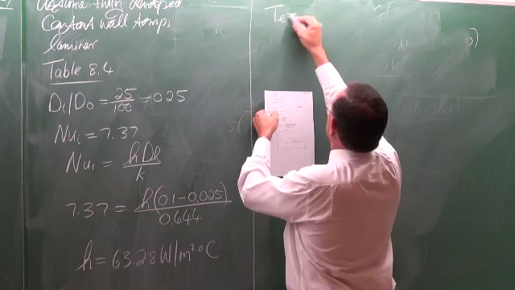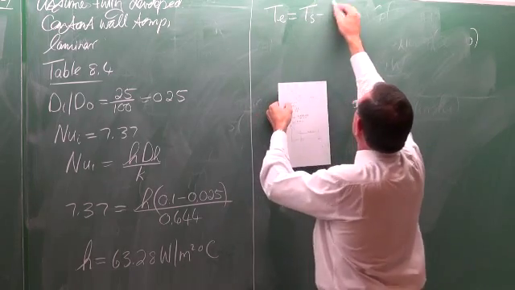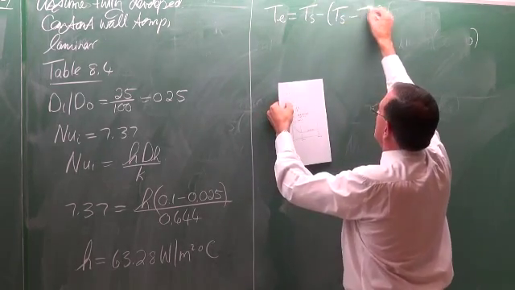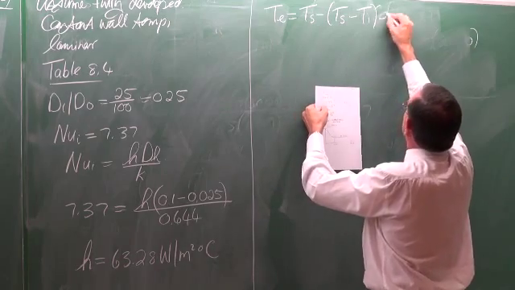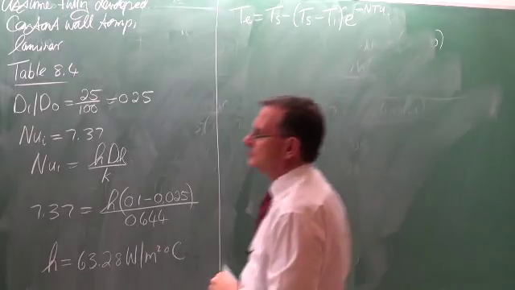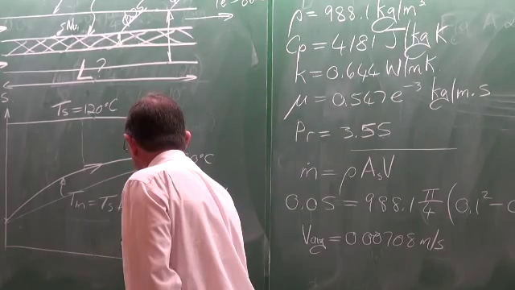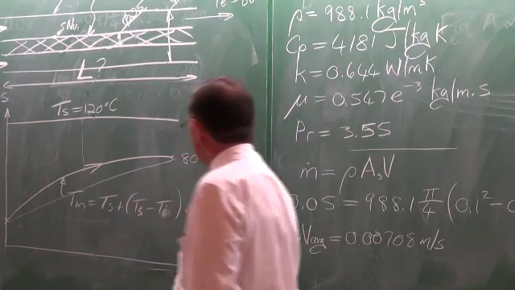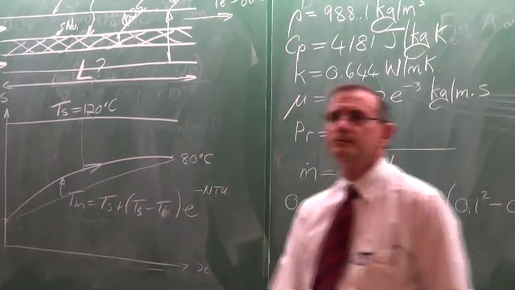So TE is equal to TS minus TI, e to the minus NTUs. Yeah, I've made a mistake here. TS minus TI should just be the other way around. TS minus TI.